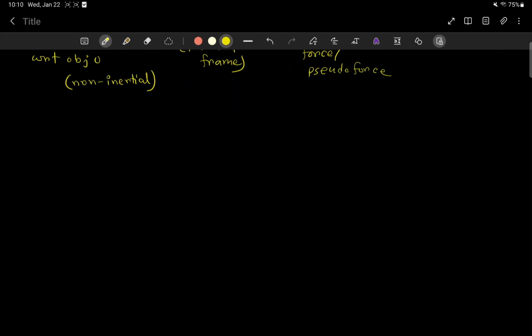Our only example right now will be uniform circular motion. We are going to consider an object that has a tangential speed v, and the speed does not change, so it is a uniform circular motion.